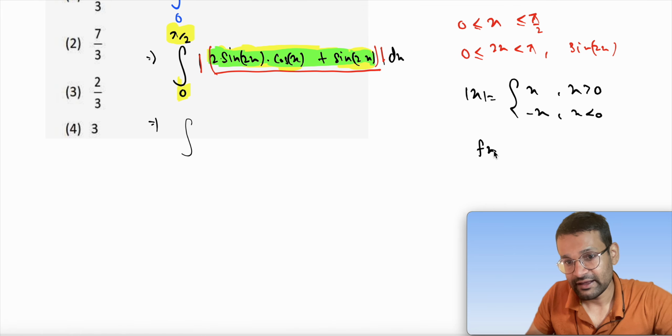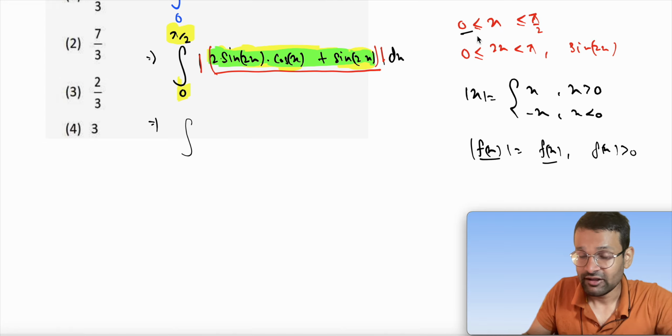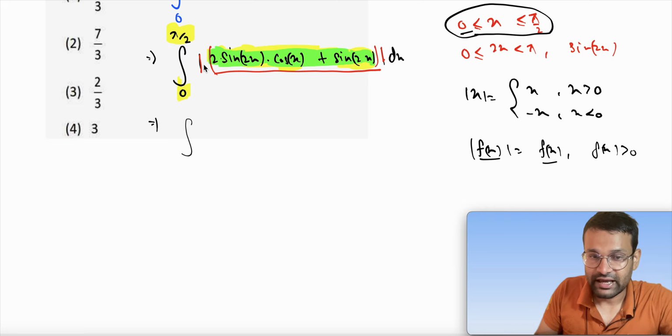Any function f(x) equals f(x) when f(x) is greater than 0. This whole part is f(x), colored green, and it is positive in the domain 0 to pi by 2. So we don't need to carry forward this modulus sign.